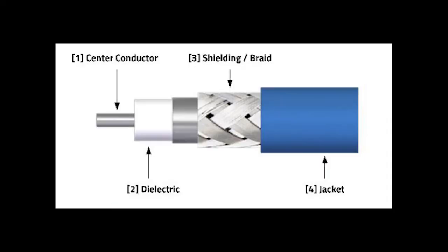Coaxial cable conducts the electrical signal using a center conductor surrounded with a dielectric layer and then enclosed by shielding. This is typically 1 to 4 layers of woven metallic braid or tape. Most coaxial cables are protected by an outer, non-conducting jacket.